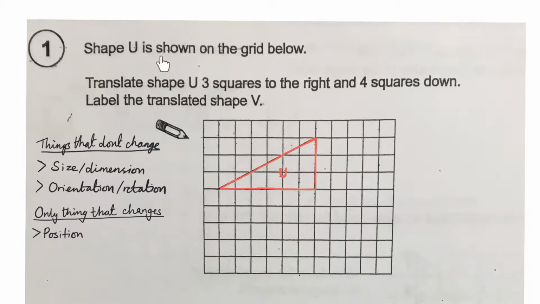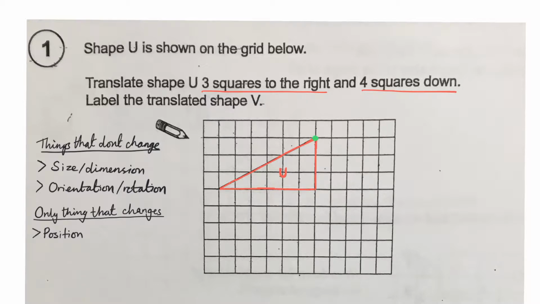Now, it says here, shape U is shown on the grid below. Translate the shape U 3 squares to the right. So key information here, 3 squares to the right, and then 4 squares down. All you need to do is pick a vertex of the shape that you want to move.